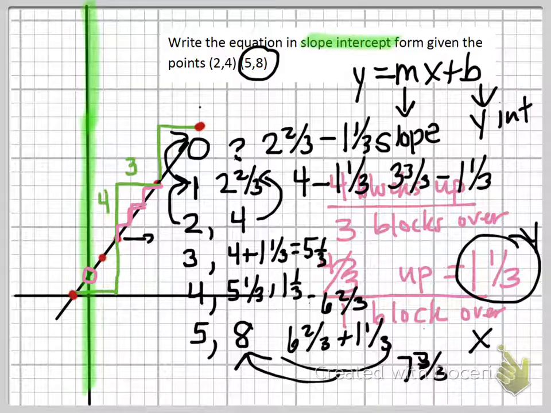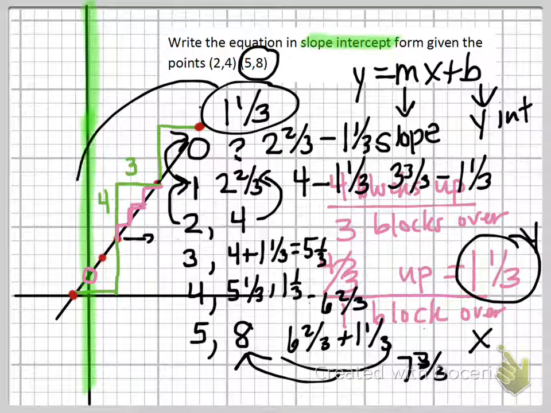Well, 2 take away 1 is 1, and 2/3 take away 1/3 is 1/3. 1 1/3. Now, does 1 1/3 correspond with our estimate? Is it between 1 and 2? Yes, it is. And our unit rate is working.